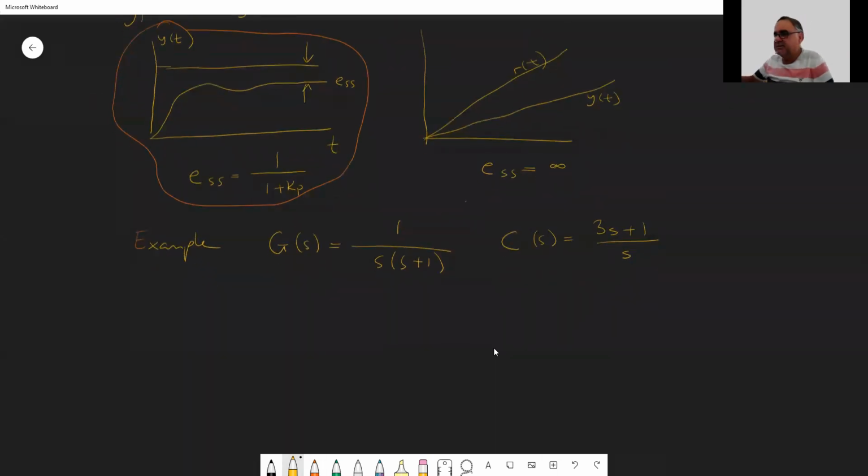So the loop transfer function, which is the multiplication of all these, is (3s plus 1) divided by s squared times (s plus 1), right? So you have two free integrators here. And the system type is 2 here.